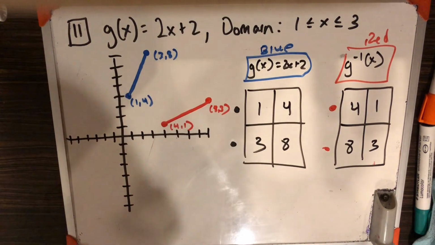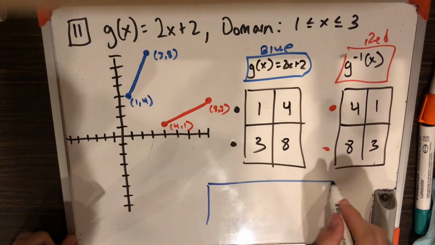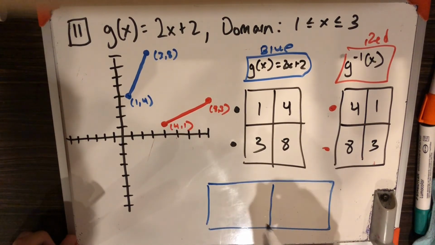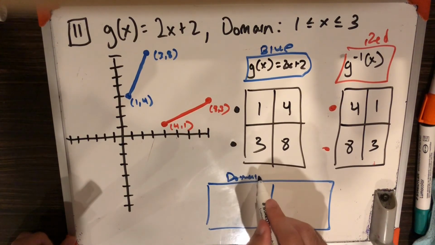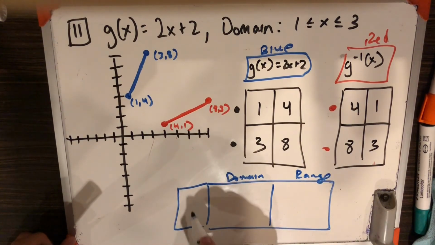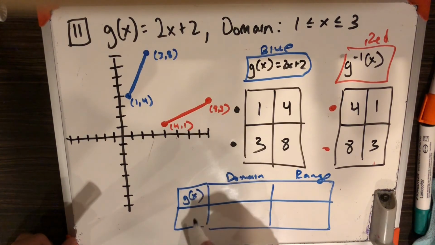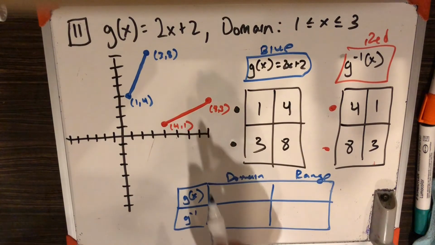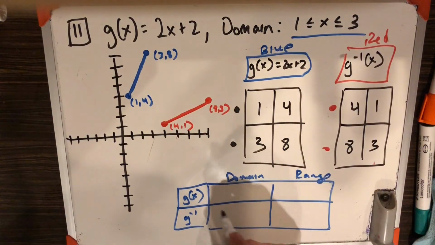Your question asks you basically to figure out what your domain and range is for both, right? So I have domain up here and range here, and I'm considering what g of x is and g of -1. Right? Let's take a look at what our domain is. Well, I told you what your domain is initially of g of x.